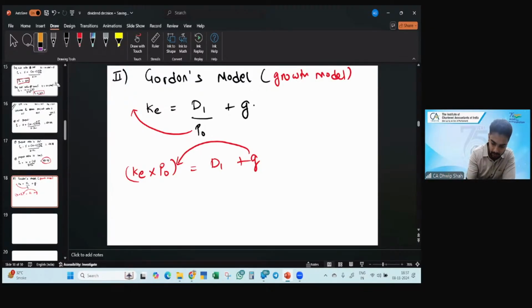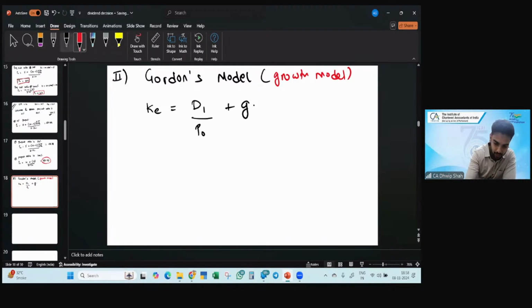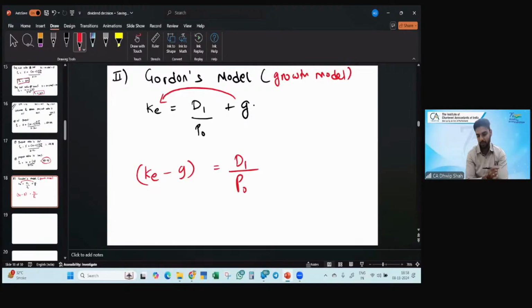I cannot take KE directly above. If I take G on this side, it would be KE minus G is equal to D1 upon P0. Yes or no? G has to be taken on this side. Correct?